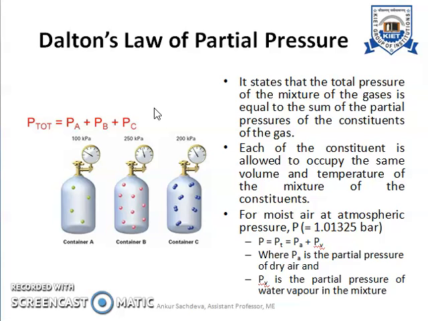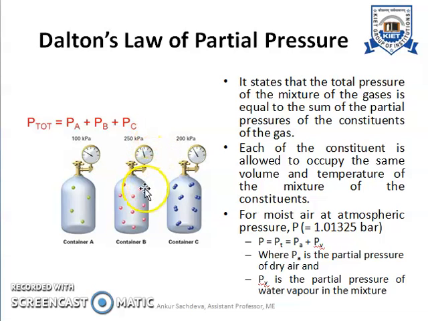Now, in order to do the calculations of air conditioning, we have to learn Dalton's law of partial pressure. It can be easily understood with the help of the figure given on the left hand side of this slide.